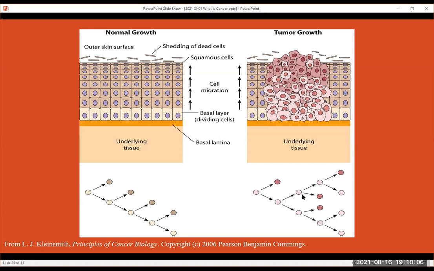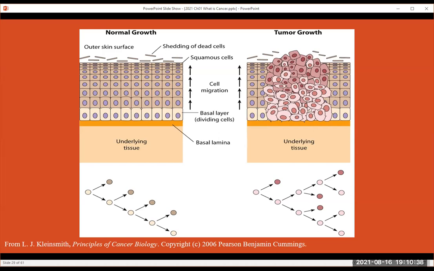And then this one reproduces and produces 2 more. And this one reproduces and produces this one. And so it's just going out of whack. It's producing too many cells for every basal cell. So instead of a 1-to-2 ratio, now we have a 1 to 1, 2, 3, 4, 5, 6, 7 ratio. So we have this buildup of these cells, which is what contributes to developing a tumor.